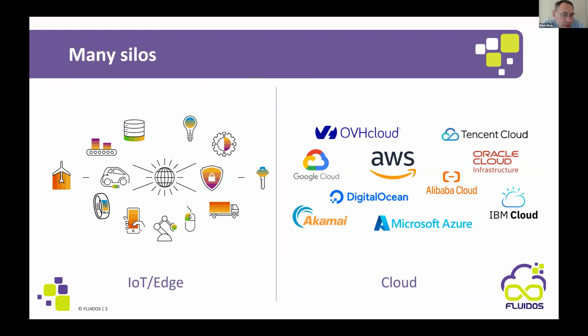We discovered that both in cloud computing and at the IoT and edge, we have many silos in which we cannot share resources. Even if we use a cloud like Amazon or Google, it's very hard currently to leverage resources in both or multiple clouds at the same time.